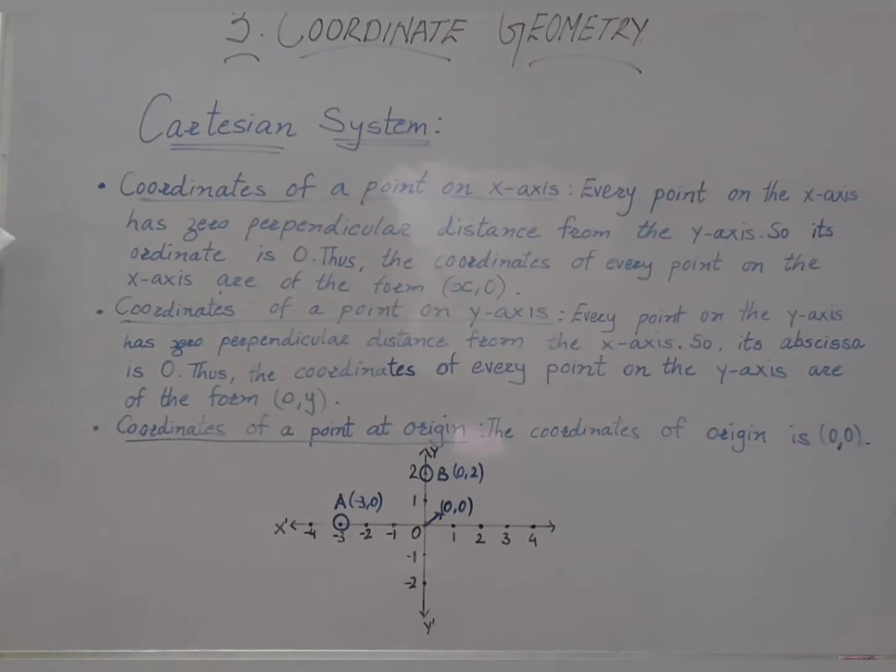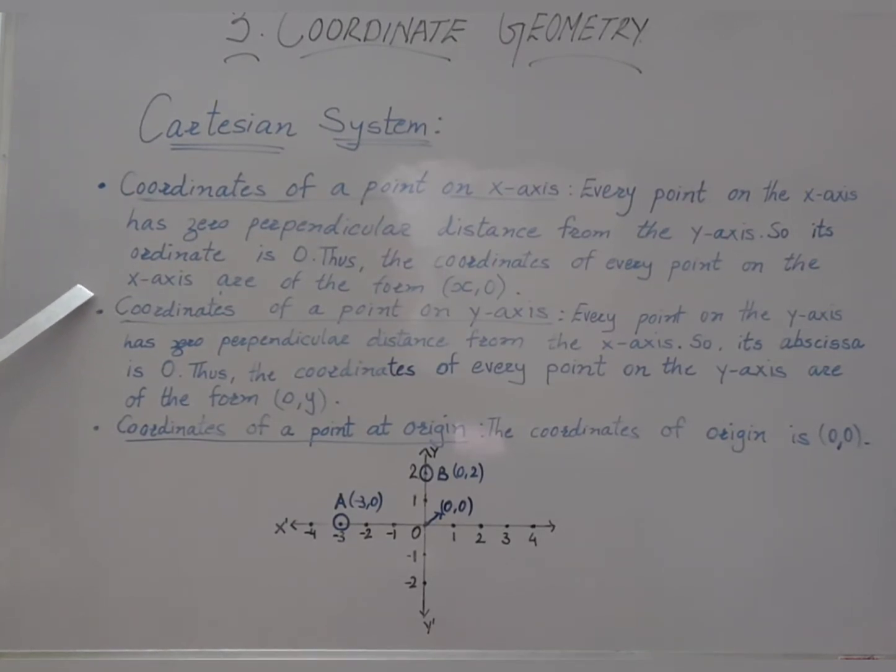The first point, coordinates of a point on x-axis. If in the Cartesian system any point lies on the x-axis, then every point on the x-axis has 0 perpendicular distance from the y-axis. So its ordinate is 0.